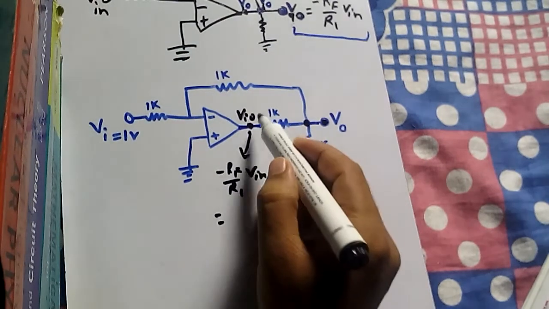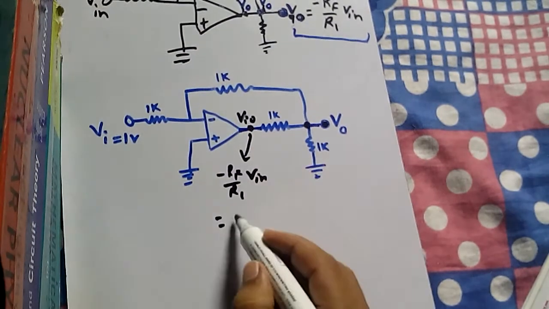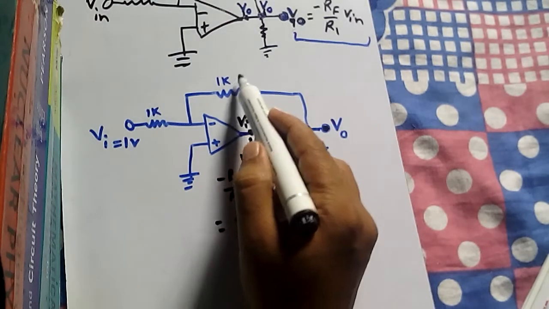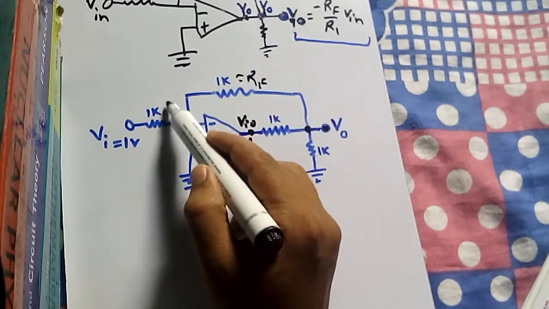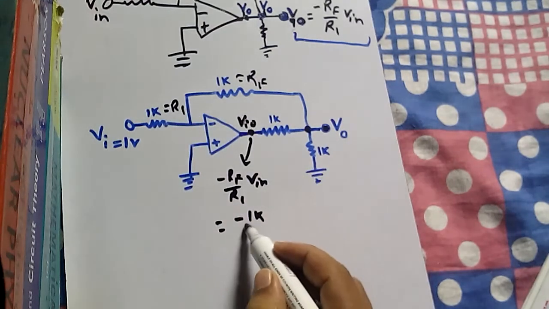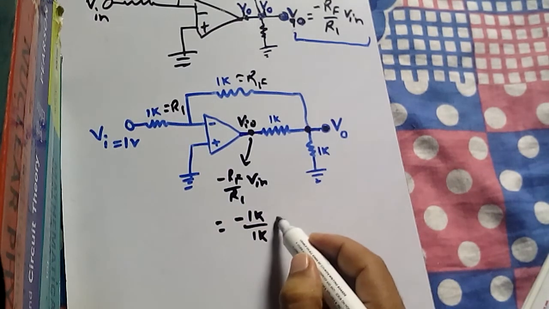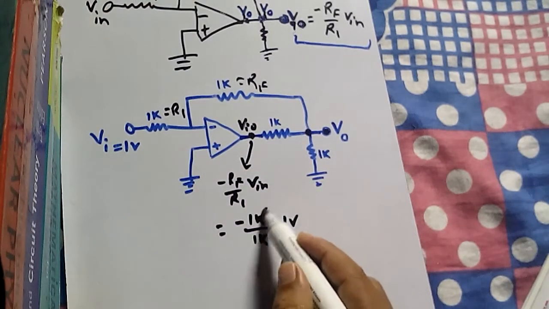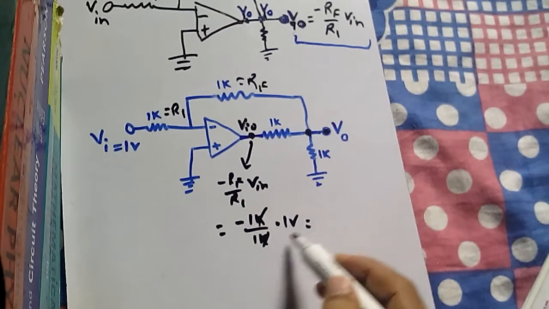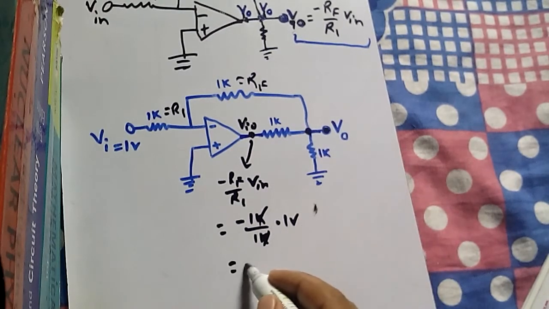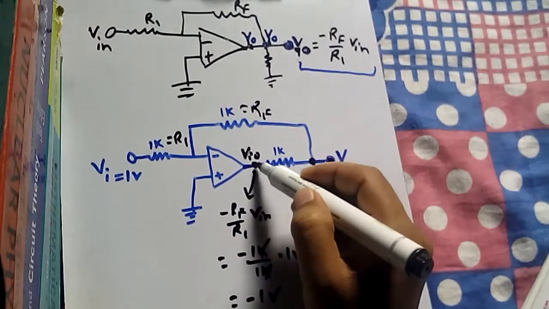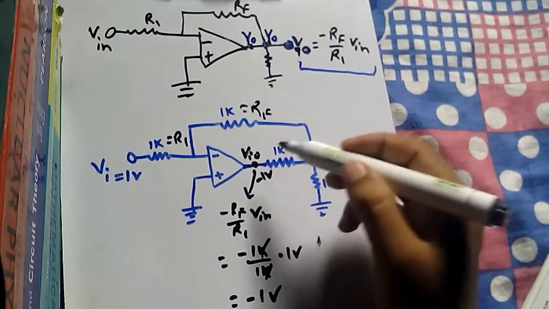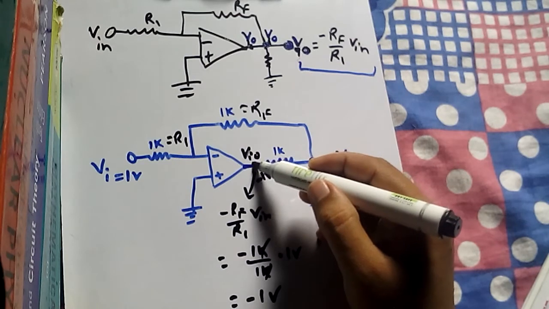Let us find the output at this point: minus 1k by 1k, this is RF and this is R1, into the voltage of 1 volt, it is minus 1 volt. That means at this point we have minus 1 volt, and this is the ideal output.